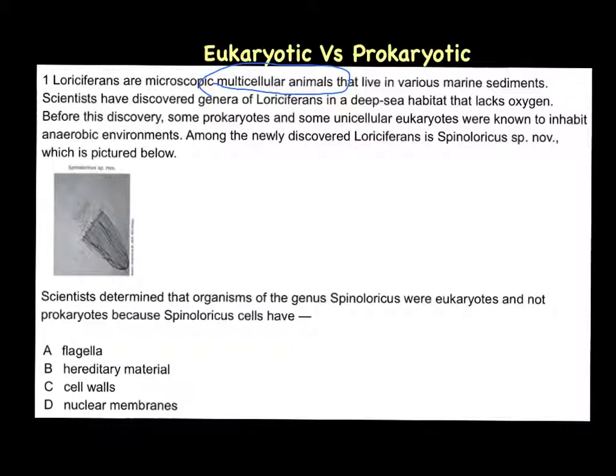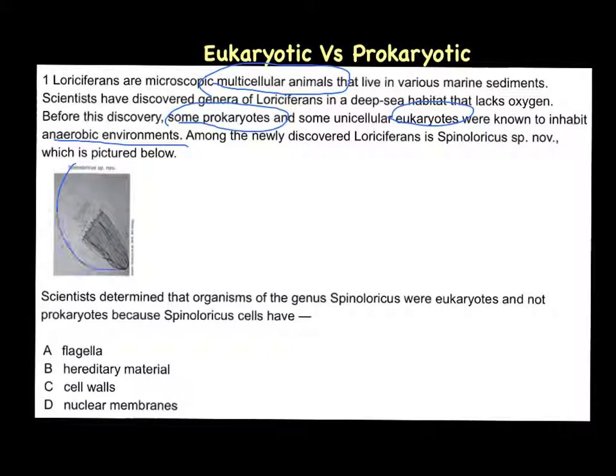They also mention something about the prokaryotes, that along with other eukaryote organisms, they were sharing the same anaerobic environment. Now, the question that we have in hand is, scientists determined that organisms of the genus Spinoloricus were eukaryotes and not prokaryotes because Spinoloricus cells have, interesting.